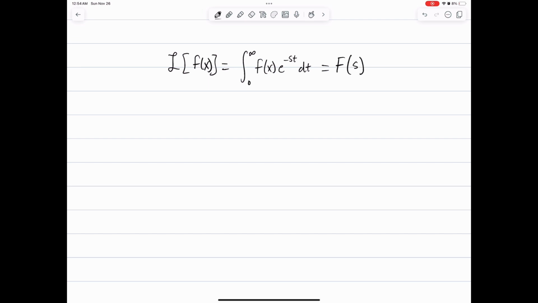Taking a look at our easiest example, let's try to transform e to the at, which is just the Laplace transform of a function f of t. This is equal to the improper integral, again from 0 to infinity, of e to the at times e to the negative st dt.